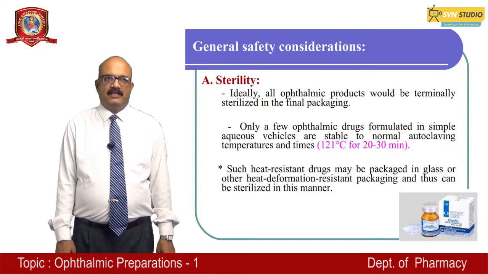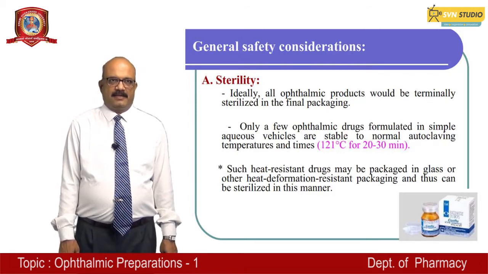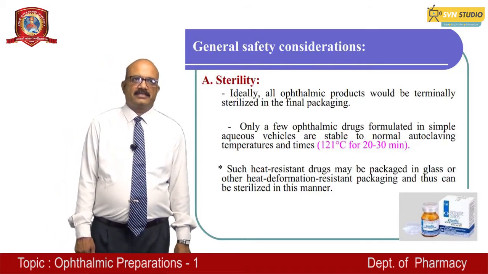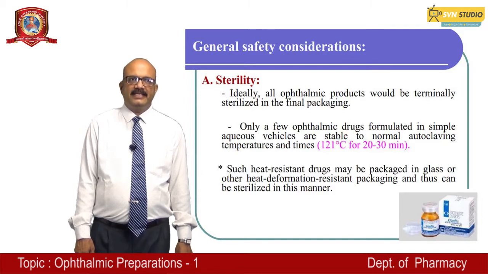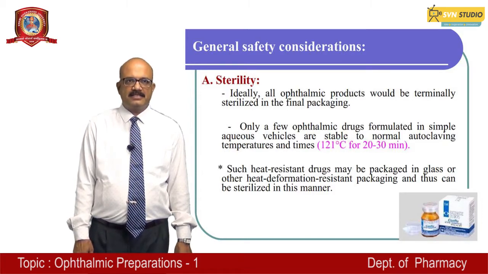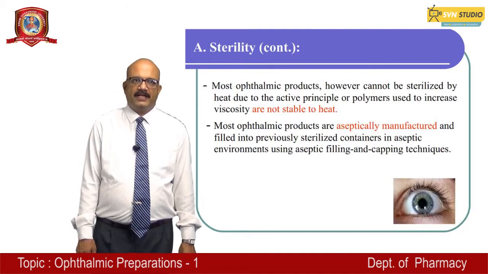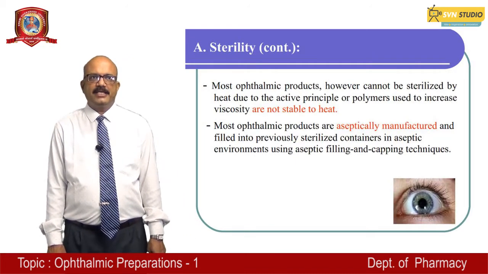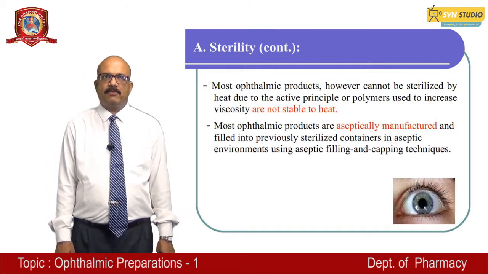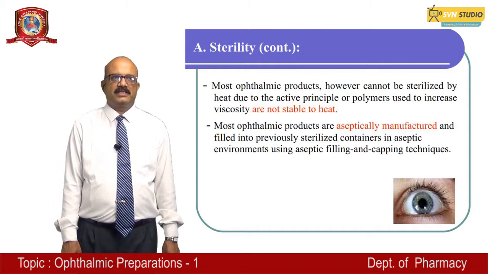and times, generally 121 degrees centigrade for 20 to 30 minutes for getting sterilization. Such heat resistant drugs may be packaged in glass or other heat deformation resistant packaging and thus can be sterilized in this manner. Most ophthalmic products, however, cannot be sterilized by heat due to the active principle or polymers used to increase viscosity.